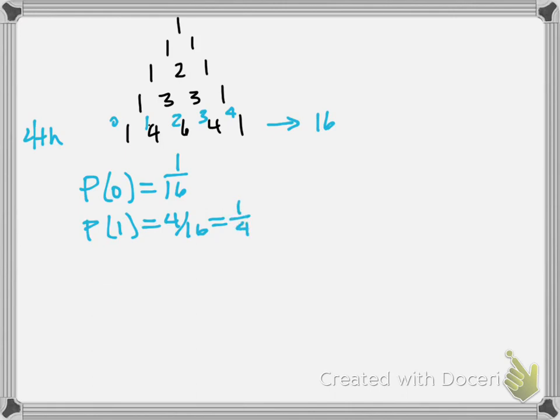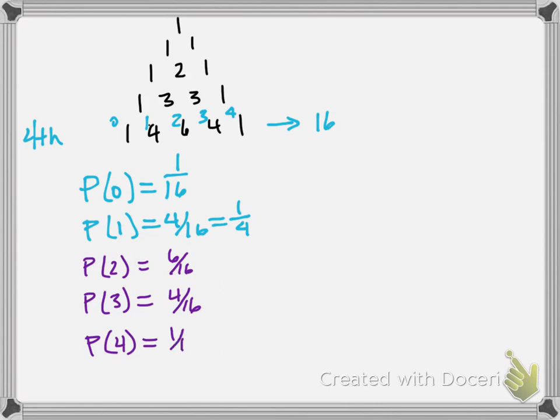Our probability of knocking 2 of them down would be 6 out of 16. Our probability of knocking 3 down would be 4 out of 16. And our probability of knocking all 4 of them down would be 1 out of 16.